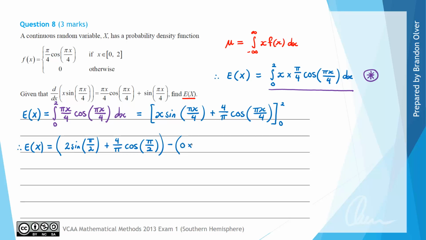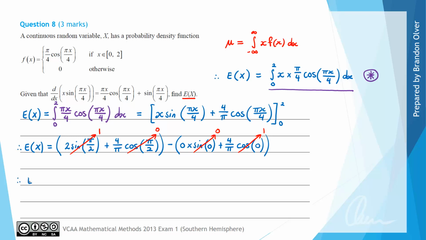So we'll have 0 times sine of 0 plus 4 over pi times cos, and the part inside cos is going to become 0 when we substitute 0 in. Now we need to remember our exact values: sine of pi on 2 is simply equal to 1, cos of pi on 2 is equal to 0, sine of 0 is 0, and cos of 0 is 1.